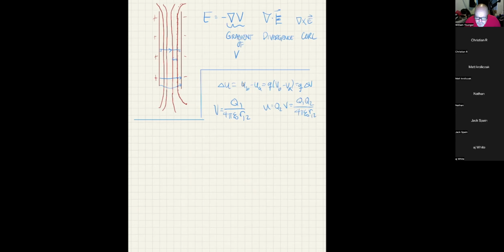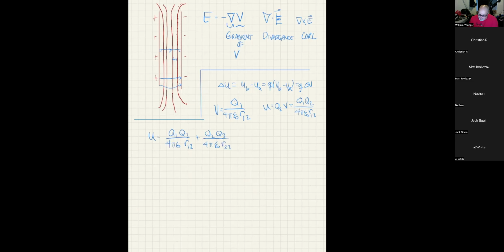Now, if I want to do, let's say, 3 charges collected, then I'm going to have a scenario where U is equal to Q1 Q3 over 4 pi epsilon naught R13, plus Q2 Q3 over 4 pi epsilon naught R23.